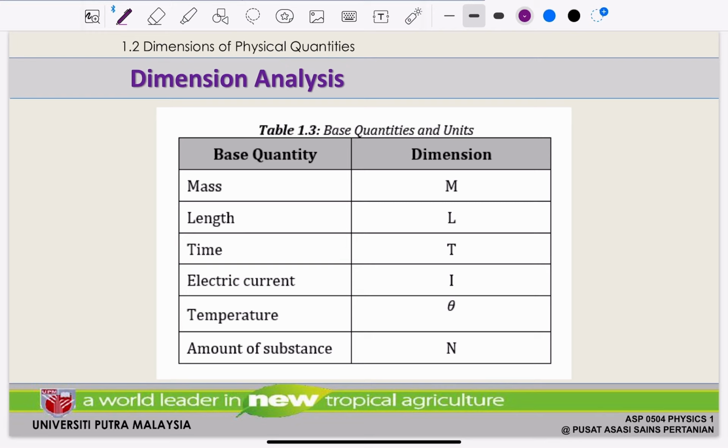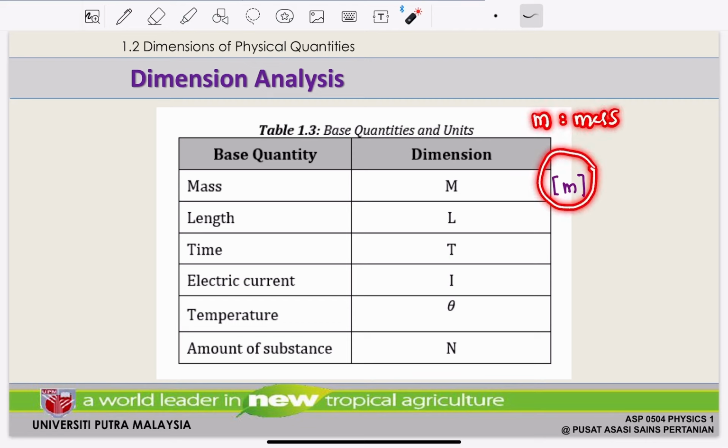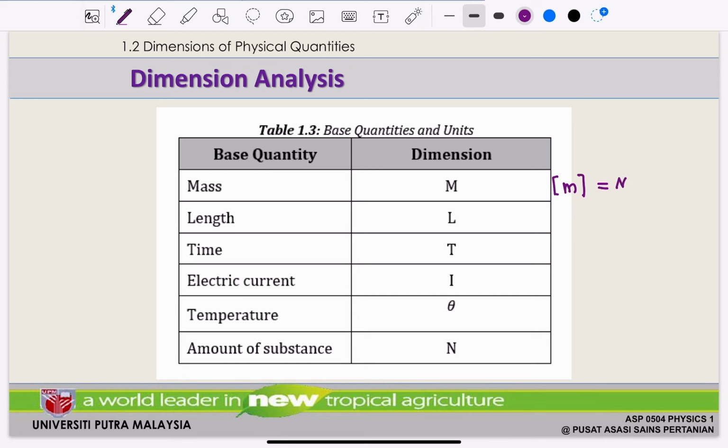Mass, the symbol of mass is small m. Okay, small m. When we want to talk about dimension, we need to put a square bracket. So this symbol, m is mass. Okay, but when we put a square bracket, it is said this is dimension of mass. Okay, dimension of mass. To simplify it, dimension of mass is capital M. Same as length.